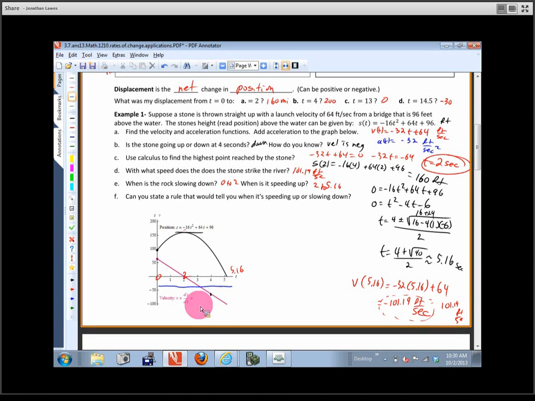Okay? So could we come up with a rule? So it's going to slow down when what? When what's approaching 0? Okay, but what would make it slow down? What would make the velocity approach 0? You're right, but what would make that happen? When velocity and acceleration, what is it? Are opposite signs.